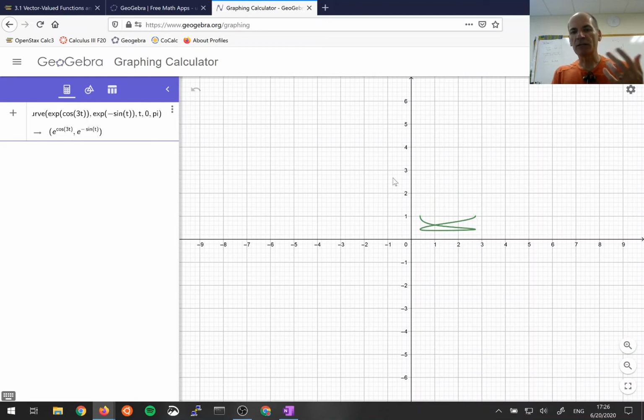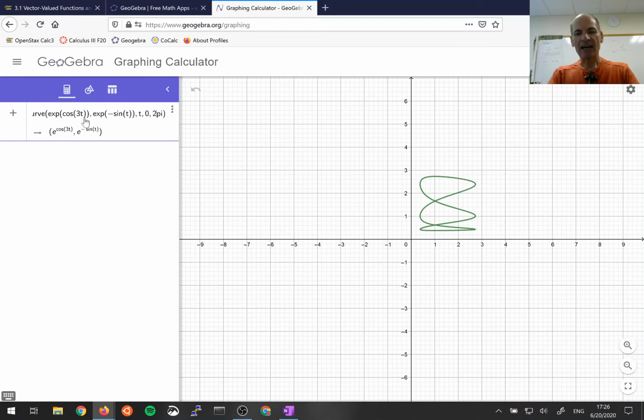Yeah, notice if I only go half of the period of the sine function, then I only see part of the full curve. So that's just intuition for me. I'm just kind of guessing. Because the sine function is there and this is periodic, I'm going to go 0 to 2 pi and see what I get. If I go more than 0 to 2 pi, it's probably just going to trace the curve over and over and over again.